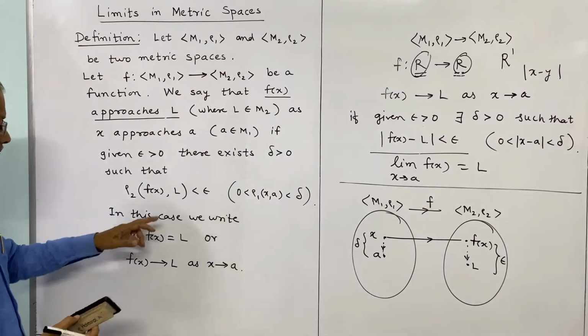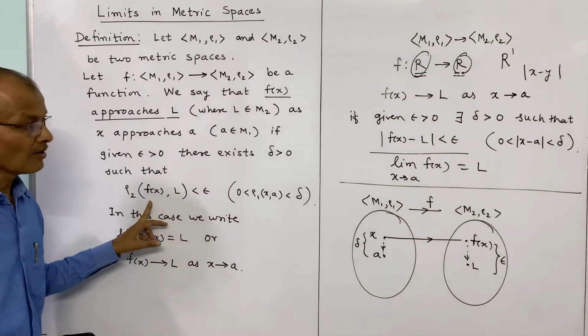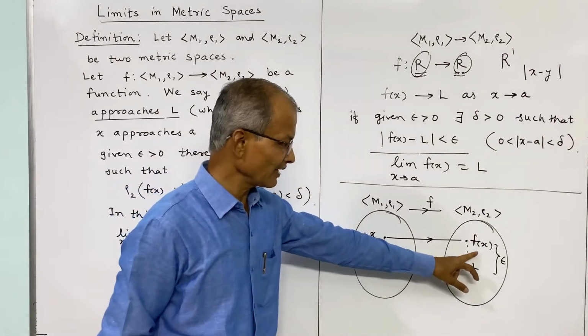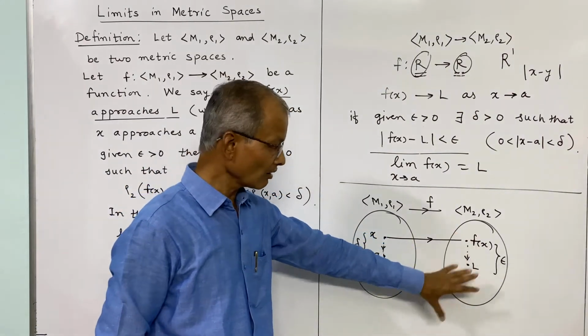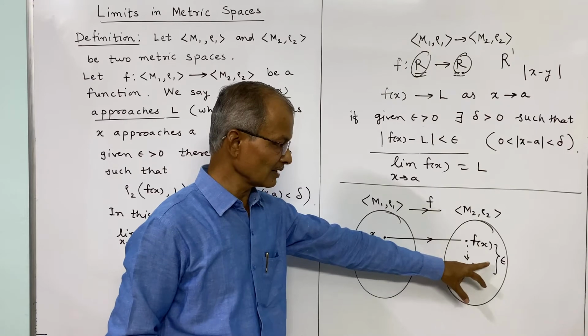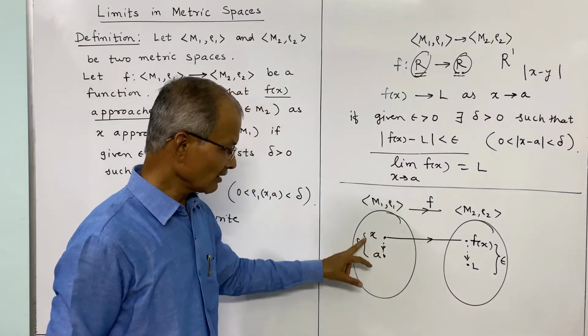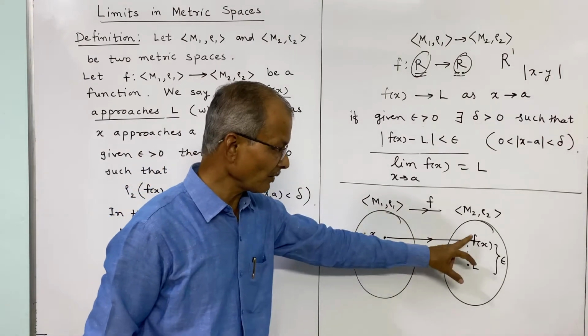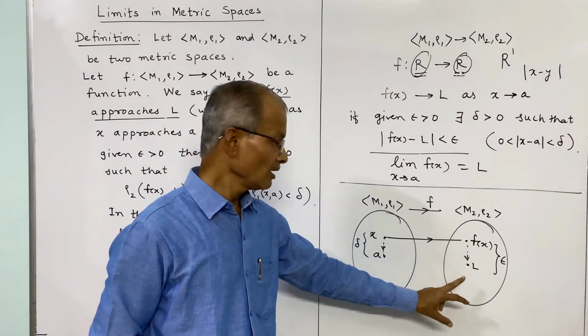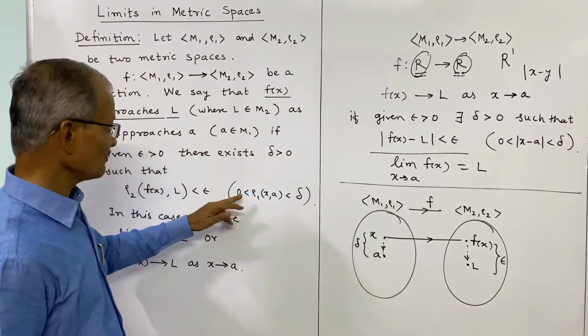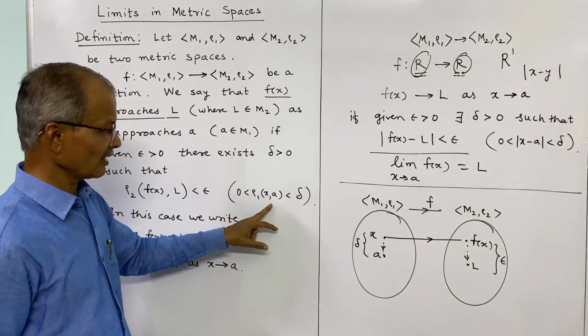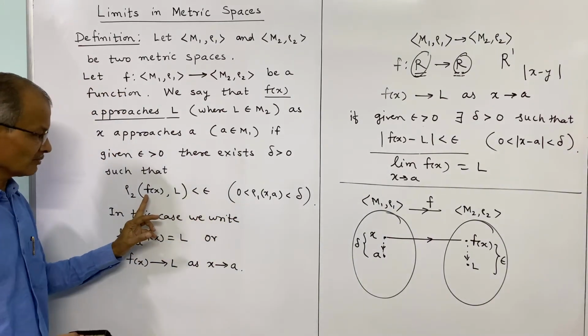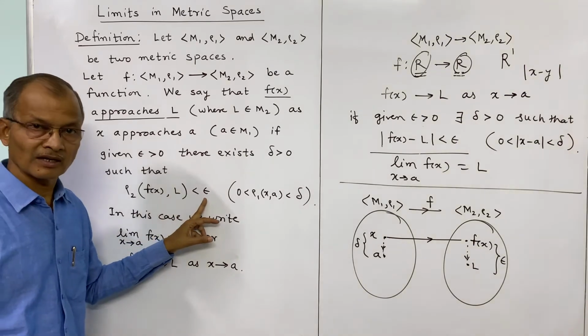And in this case, whenever the distance between f(x) and L is less than epsilon, whenever this happens first, when x approaches towards a, then f(x) will approach towards L. So that is written, whenever the distance between x and a is less than delta, the distance between f(x) and L becomes less than epsilon.